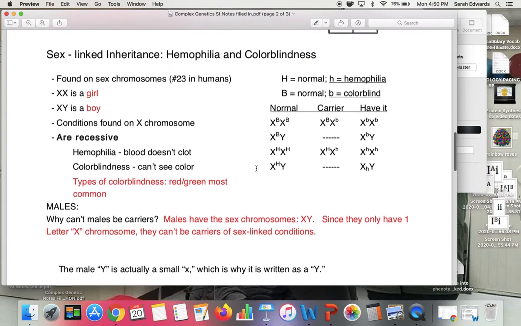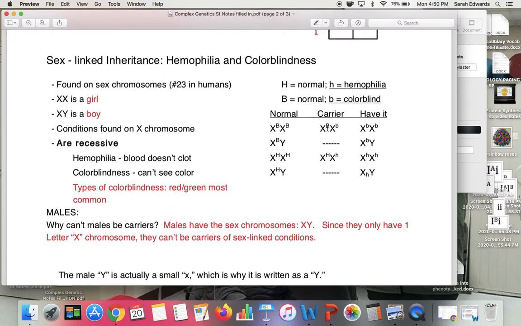So let's look up here. Now, this may look like a big, fancy, complicated chart, but it's really not. Everywhere you see XX, that's a girl. Everywhere you see an XY, that's a boy. So what sex is this here, ignoring everything that's on an X or a Y? This is an XX, that's a female. This is an XY, that's a male.